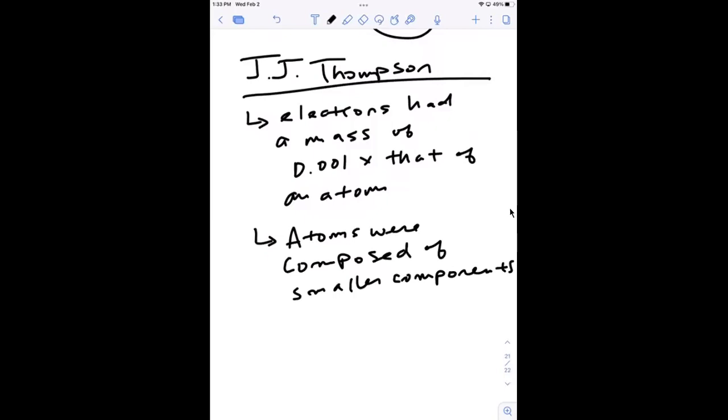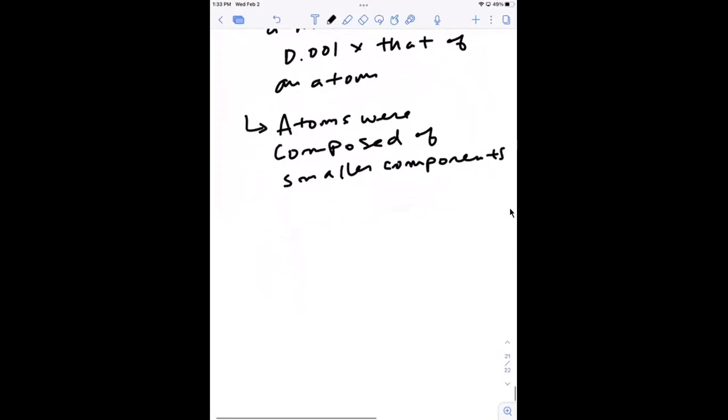We have the benefit of hindsight, so we know what the structure of an atom is. We have more advanced equipment, all of that. But again, these were seminal studies in these areas. And another part of this was that the particles that made up the cathode ray were negative.